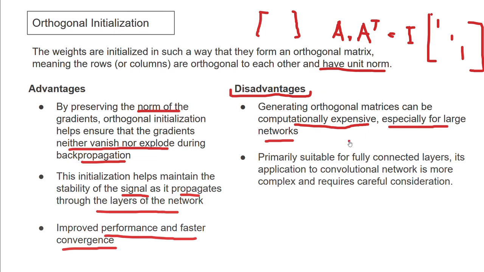As the number of inputs and outputs increases, eventually we need to calculate a lot of orthogonal matrices, and these are not very suitable for convolutional networks.